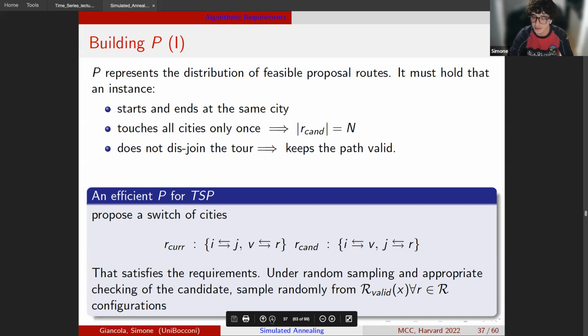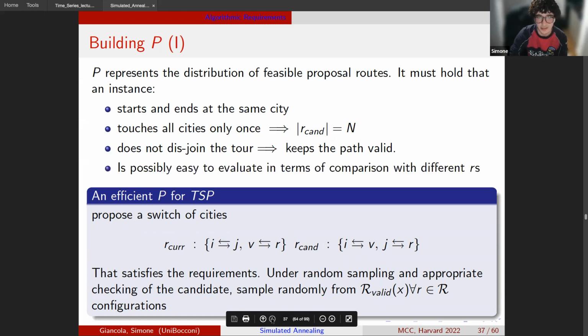This is indeed because if we have two cities which are linked and two other cities which are linked, and we just sample a candidate as a swap of the links, this will be rather easy to do, easy to check, and it will also be easy to see the distance between them.